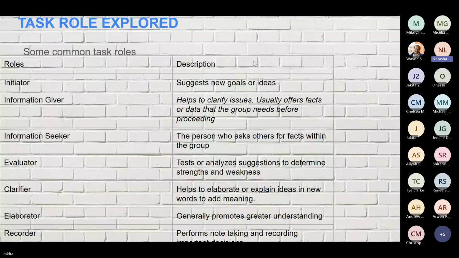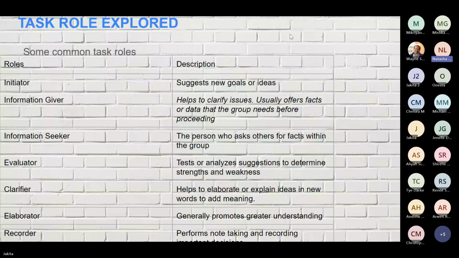We're going to look at a table showing you some of the common task roles that are exhibited in some groups, and these are: initiator, the person who suggests new goals or ideas; information giver, helps to clarify issues, usually offers facts or data that the group needs before proceeding; information seeker, the person who asks others for facts within the group; the evaluator tests or analyzes suggestions to determine strengths and weaknesses; and clarifier helps to elaborate or explain ideas in new words to add meaning.